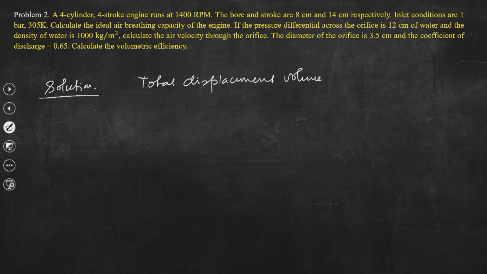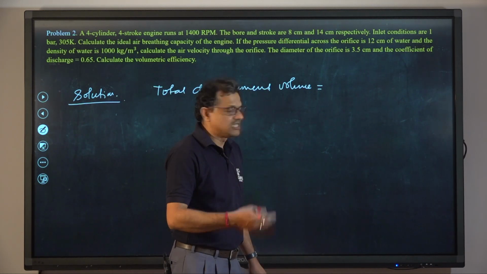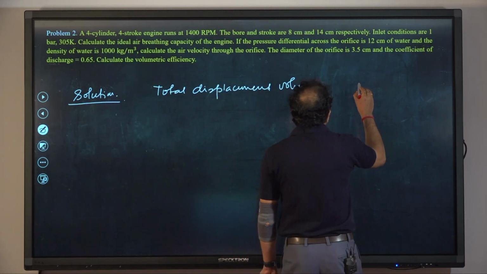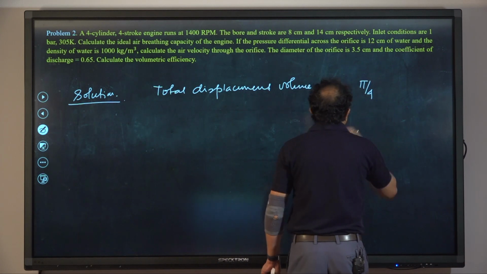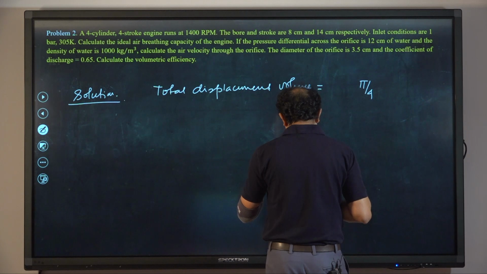You know that there are 4 cylinders. So if we calculate the displacement volume per cylinder, then multiplying that quantity by 4 will give you the total displacement volume. So that is equal to pi by 4 into bore diameter, which is 8 centimeter, and length, which is 14 centimeters.